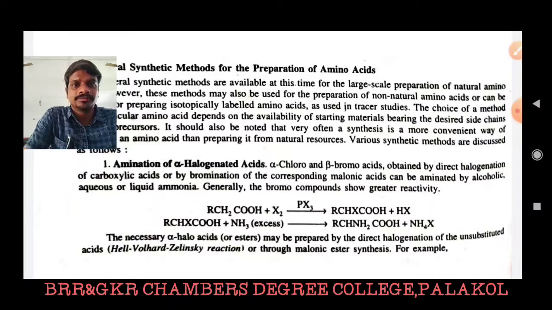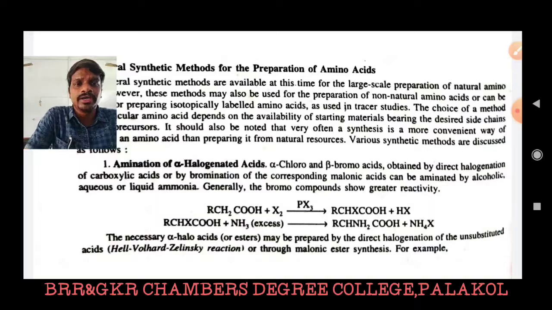What is the first method? Elimination of alpha halogenated carboxylic acid. Alpha chloro and beta bromo acids are obtained by halogenation of carboxylic acids. What is the method? Elimination of alpha halogenated acids.